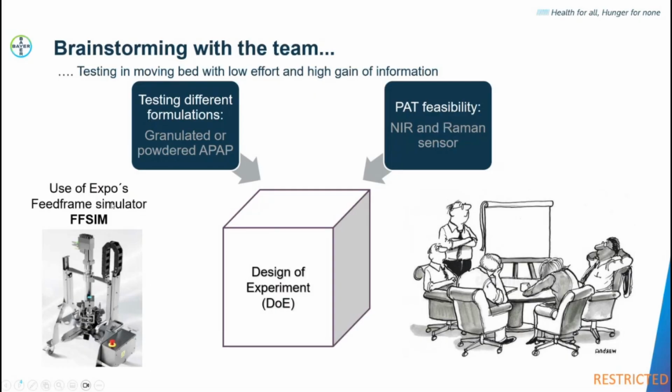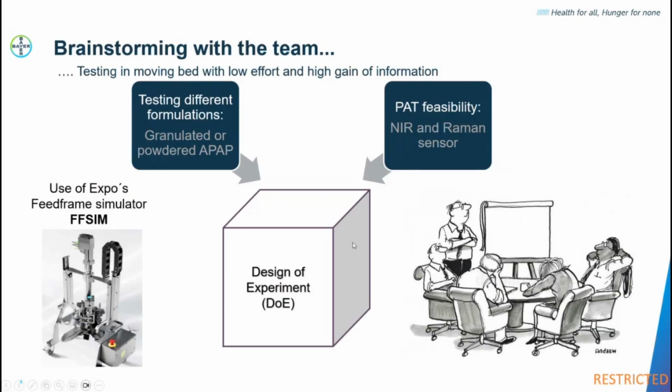So we came up with the feed frame simulator of Expo, and we wanted to test different formulations. On the one hand side, granulated APAP or powdered APAP, which is the paracetamol. And on the other hand, we wanted to test NIR and Römer at once.